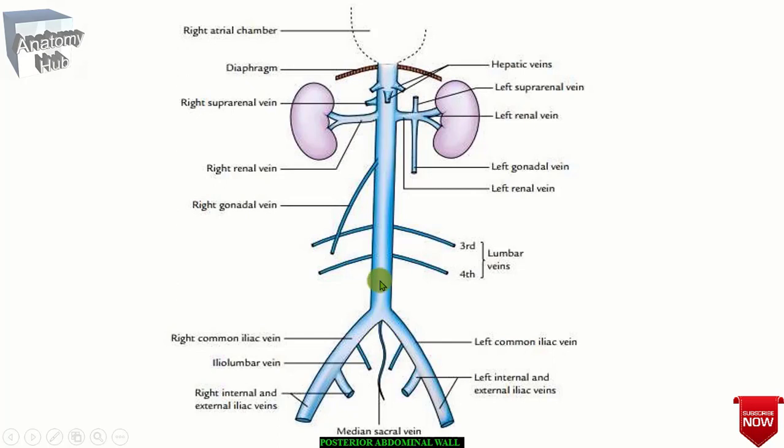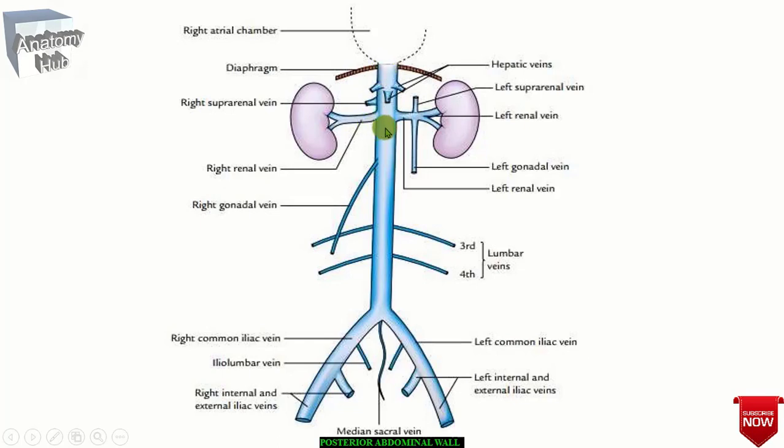It ascends upward in front of the vertebral column on the right side of the aorta. It then arches forward in the right crus of the diaphragm to reach the groove on the posterior surface of the liver. It pierces the diaphragm at the level of your T8 vertebra and terminates at the right atrium of the heart.